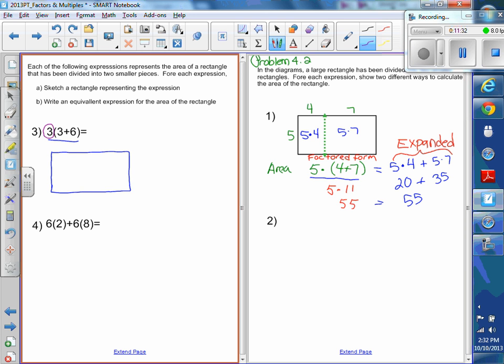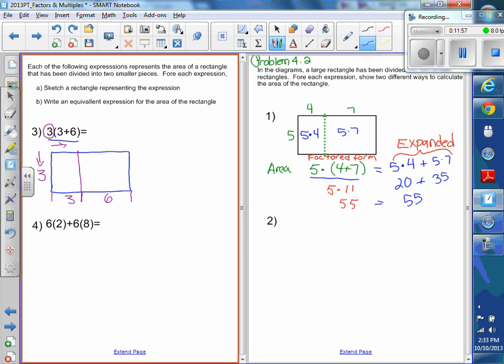So this, would that be the width or the length? Like, would it be the vertical part or the horizontal part in this picture? The 3 would go here, that's right. And then I would have to do a little division line. And what is the distance from here to here? 3. Good. And what's the distance from here to here? 6. Right.